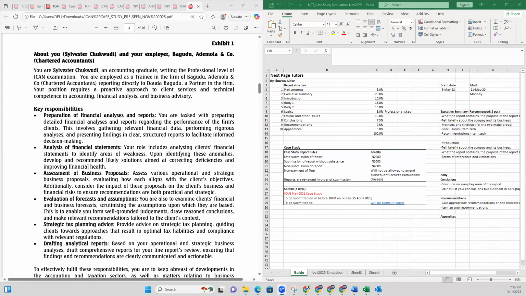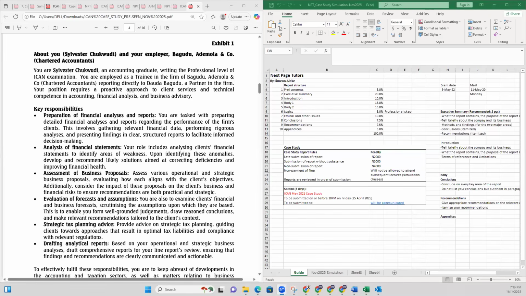3, assessment of business proposals. Assess various operational and strategic business proposals, evaluating how each aligns with the client's objectives. Additionally, consider the impact of these proposals on the client's business and financial risks to ensure recommendations are both practical and strategic. 4, evaluation of forecasts and assumptions.